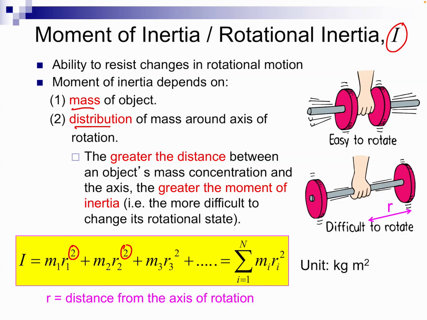You do this for every mass present in the system. The short notation is the sum of the mass times the distance from the axis of rotation squared.